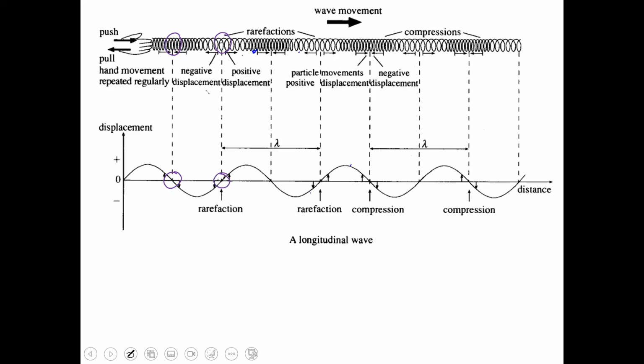At the point where compression is changing to rarefaction, here, the displacement is maximum. This is how you can convert compression rarefaction into a displacement distance graph. Normally, the longitudinal wave travels with the wave. The particles oscillate parallel to the wave.